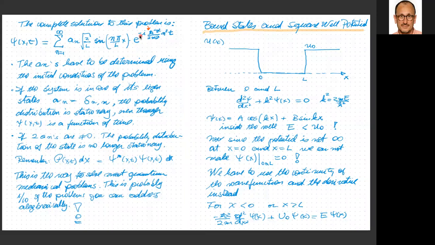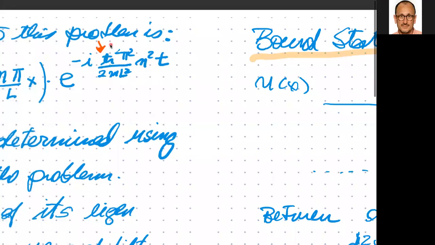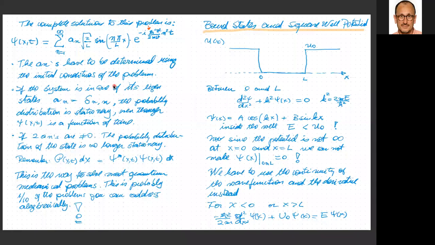Note there's an h-bar here, indicating that this h is not squared, because this is E divided by h-bar in order to be an omega. And h-bar squared pi squared over 2mL squared n squared is the energy, so divided by h-bar it is omega. So everything is legal.